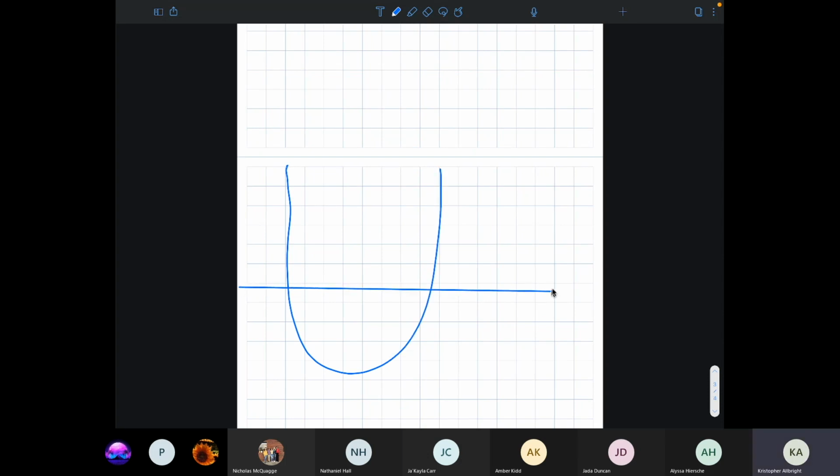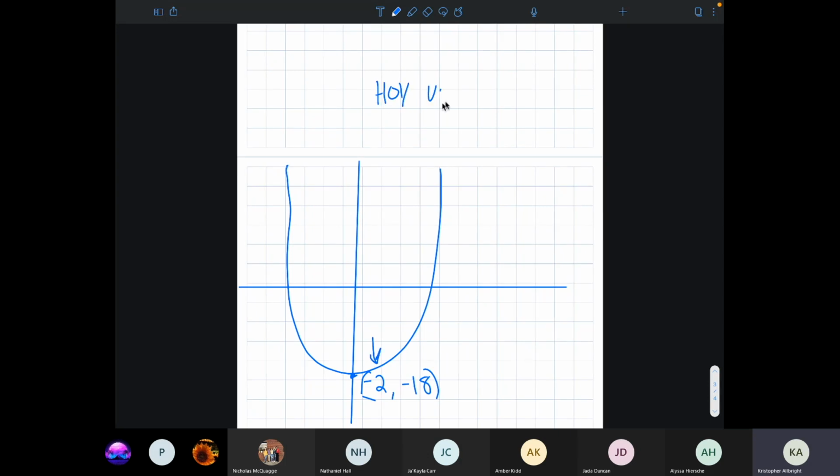Okay, that is kind of what it looks like. And this is -2, -18. So if it's going left and right, this is what we're going to need, and we need a little mnemonic way to remember it. If your line is horizontal, it's y equals whatever it is.